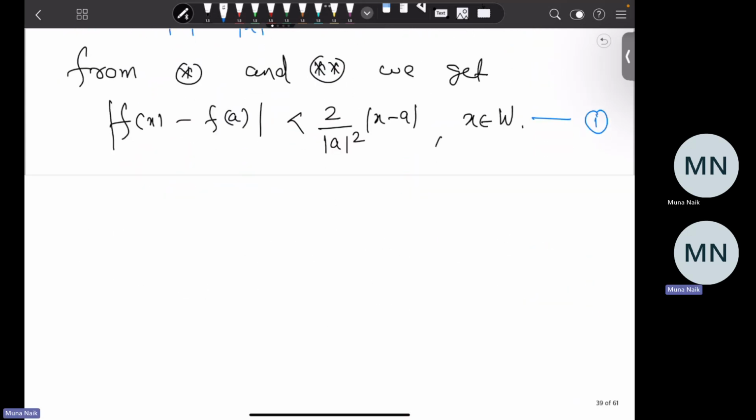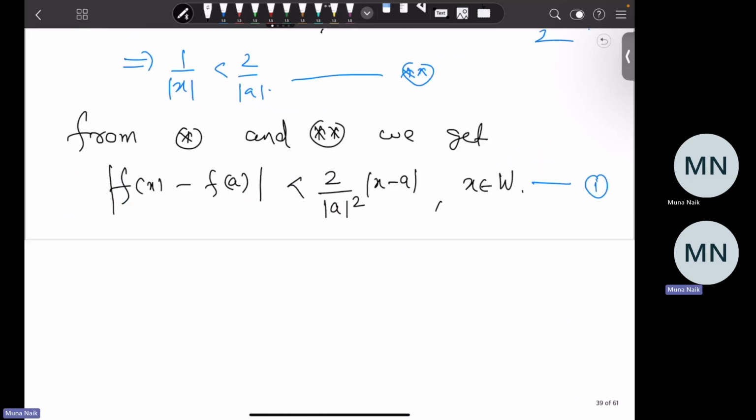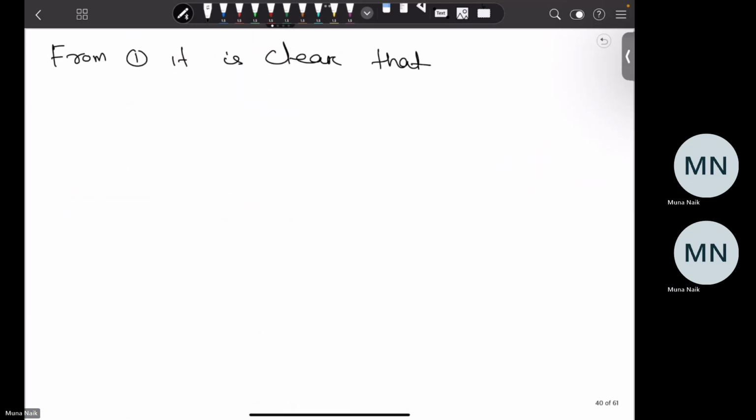So from I, it is clear that if x goes to a, this will imply that f of x will converge to f of a.